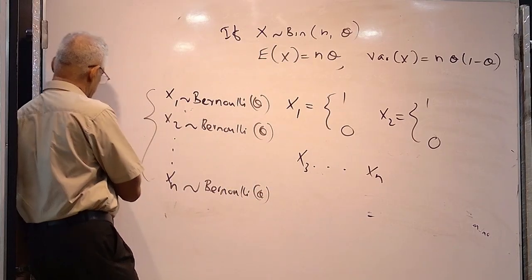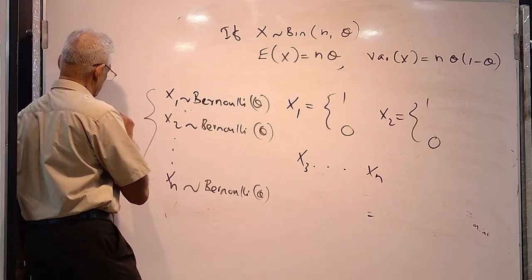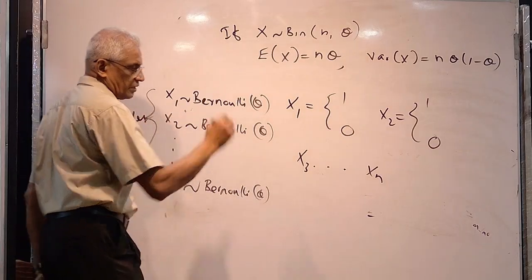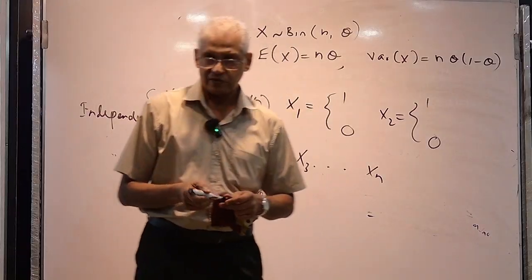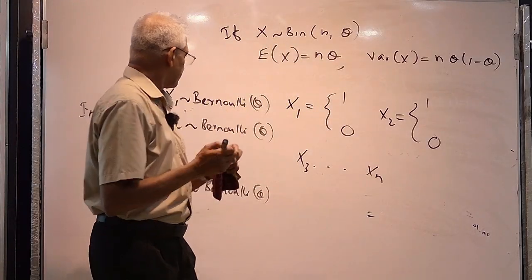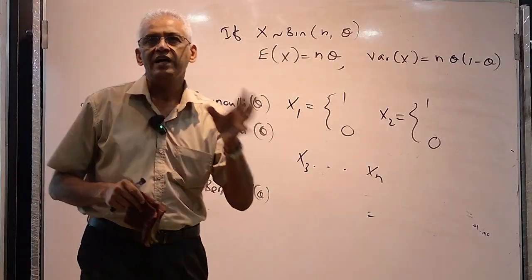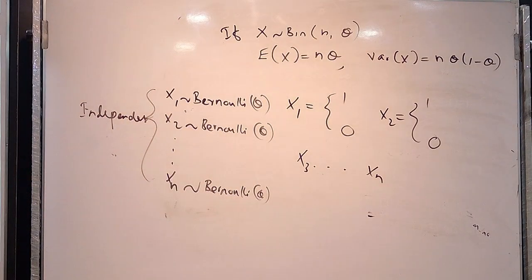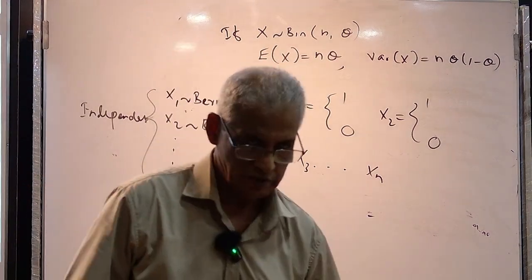These all are independent. Right. Independent random variables. So we can say x1 up to xn are IID, independent and identically distributed random variables here.